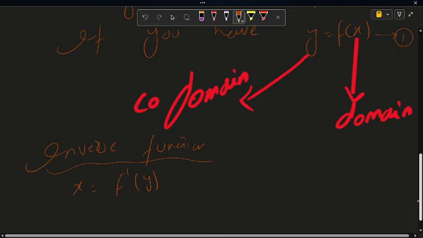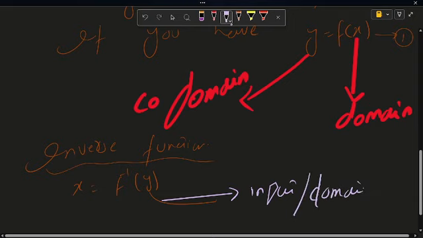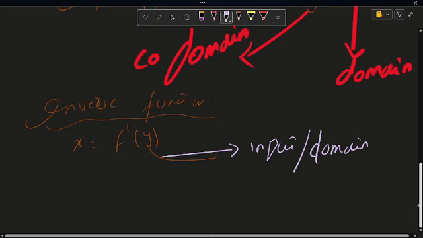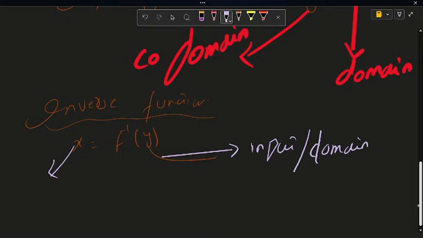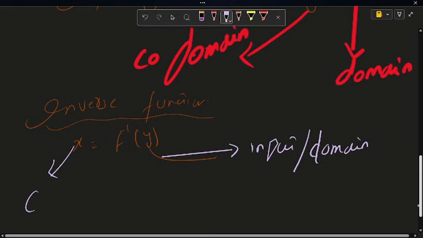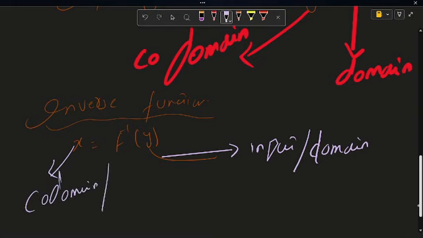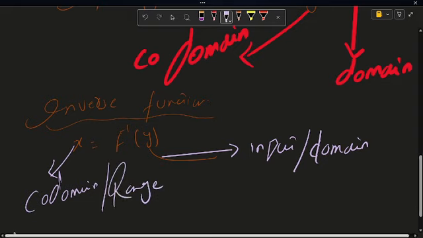So for this you can see y is the input value. It means that it is the domain, because all the inputting values are domain, I told you. And this x, because different values of y give you different results of x, will be known as codomain, or there is another name for codomain that is read as range. So both words can be used for it.